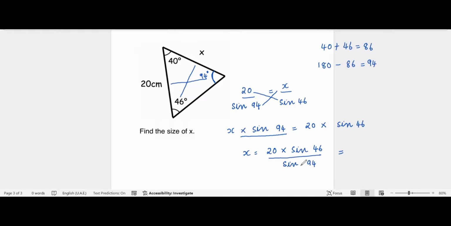At the right hand side, put it in your calculator. 20 times sine 46 divided by sine 94. This will give us 14.4. The unit is centimeter, so 14.4 centimeter.